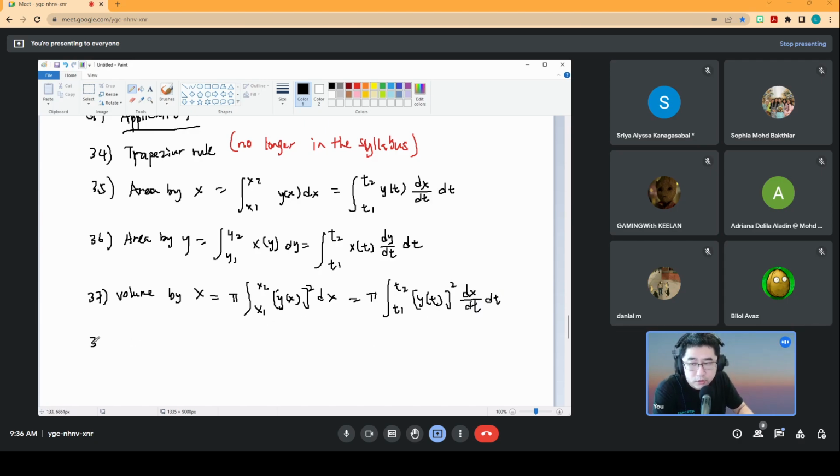Then 38, volume by y, we have pi times the integral from y1 to y2 of x in terms of y, squared, dy, or pi times the integral from t1 to t2 of x in terms of t, squared, dy/dt dt.